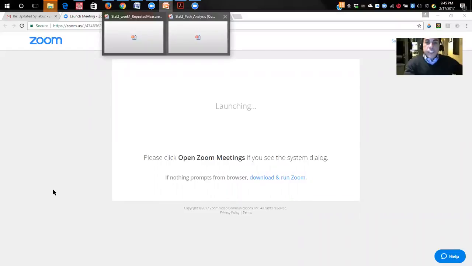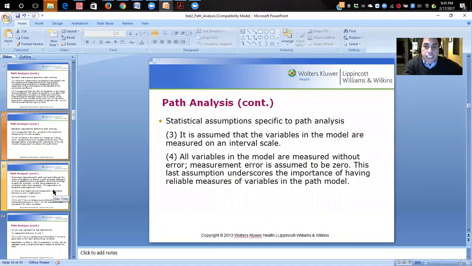So let's continue. The last slide, as I mentioned, I'm sharing with you some of the controversies of using Likert type data in path analysis.